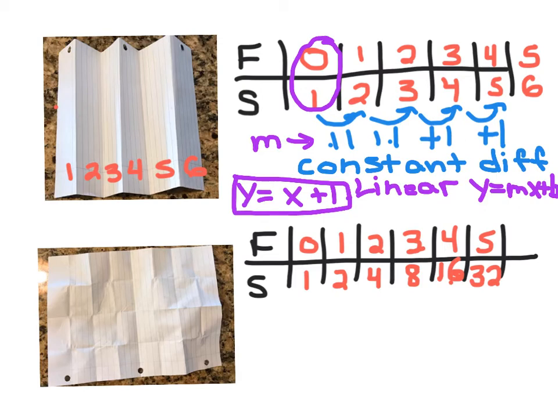Now let's take a look at the halfway folds. We start off and we see an increase of 1, but then all of a sudden it has an increase of 2, increase of 4, increase of 8, increase of 16. So that one doesn't have a constant difference between them. But what it does have is what we call a constant ratio.